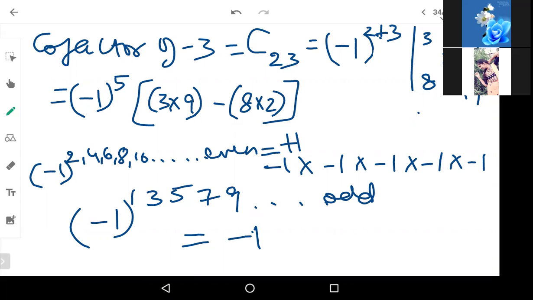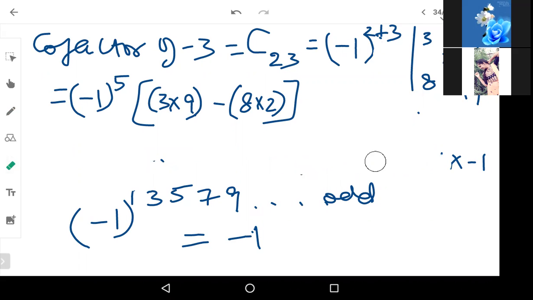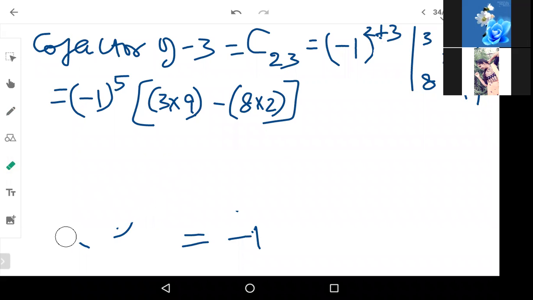Now here 5 is an odd number, so minus 1 to the power 5 will be minus 1 only. Did you understand that logic? Minus 1 to the power 5 will be minus 1.